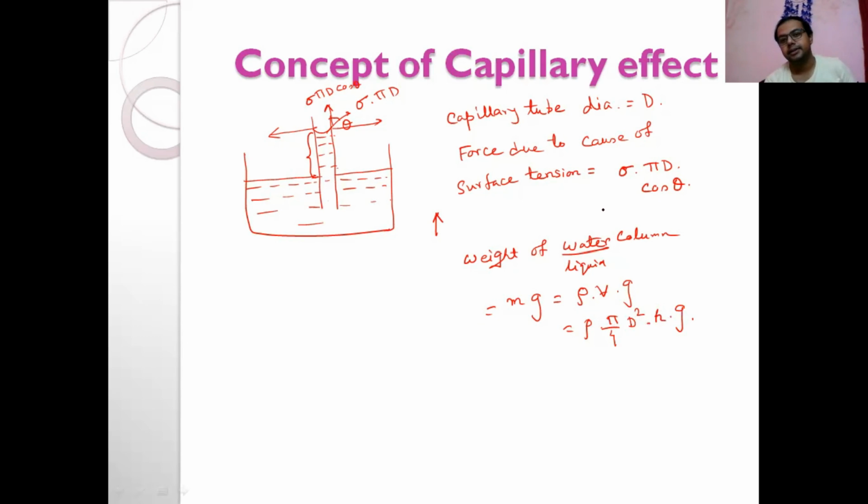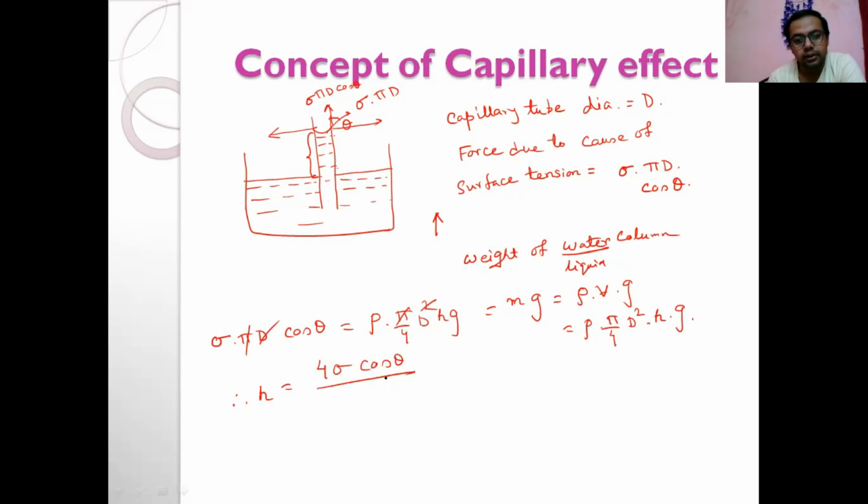These two forces are balanced. So surface tension force is holding the extra amount of the liquid. So we can write it down here. It is equal to rho pi by 4 D square H g. Pi will be cancelled, and D will be cancelled, and H will come as 4 sigma cos theta by D rho g. The same equation will be arrived at in this manner also.